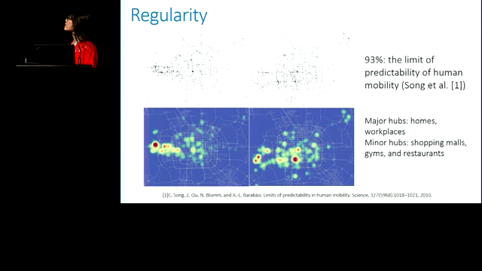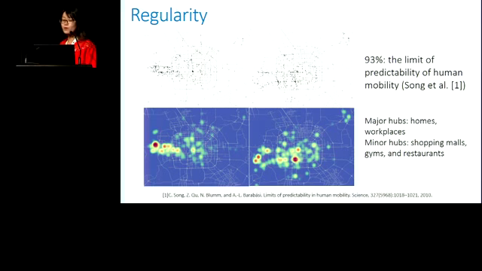And we have some major hubs in our daily lives, like the home and workplaces, and we also have some minor hubs, like the supermarket near home and the famous restaurants near our office. We transfer among these major and minor hubs following some regular patterns.